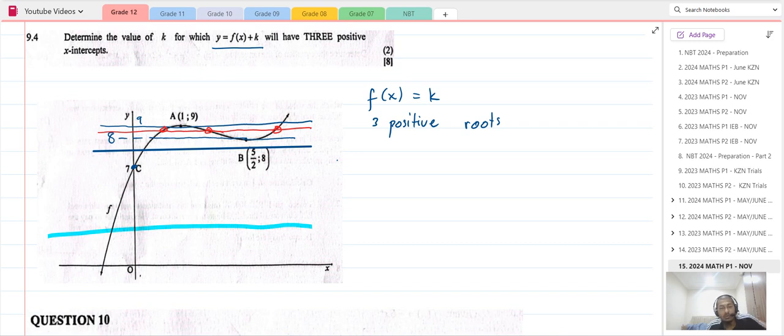So for 3 positive roots or 3 positive x-intercepts, positive means x is greater than 0, right? So that's what we're looking for.